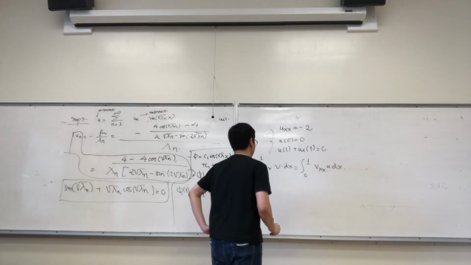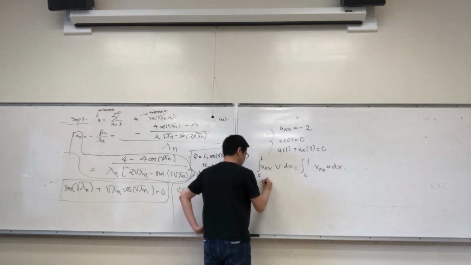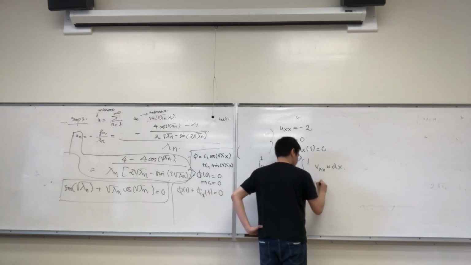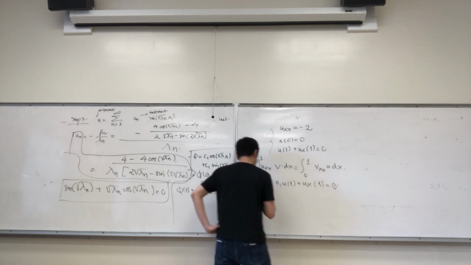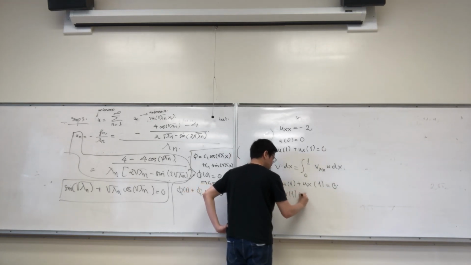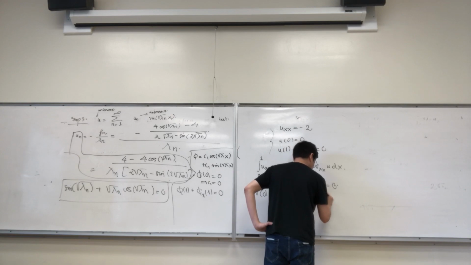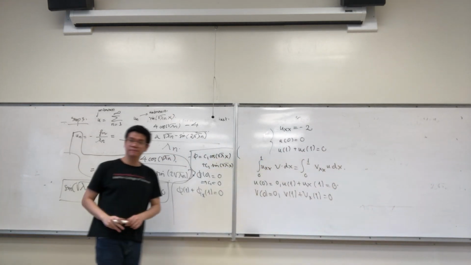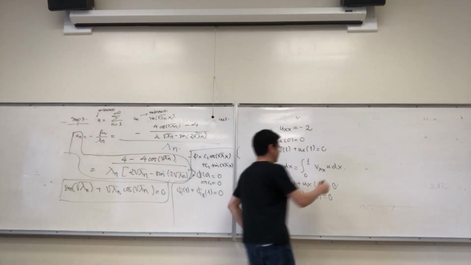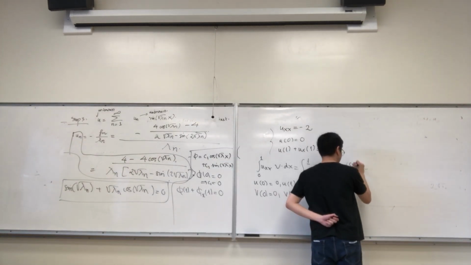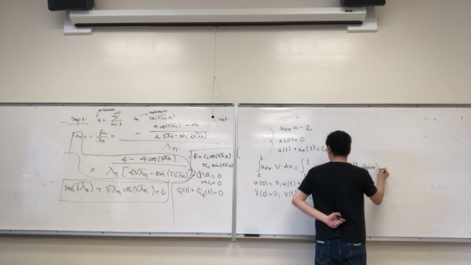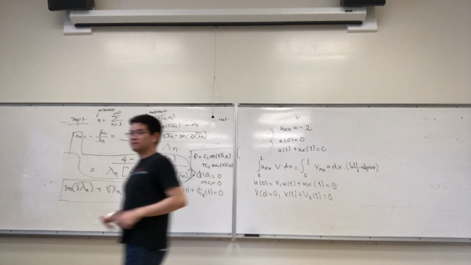The conditions here are the following: u of 0 is 0, u of 1 plus ux of 1 is 0, and v of 0 is 0, and v of 1 plus vx of 1 is also 0, right? So this is self-adjointness. This is what we have to check.